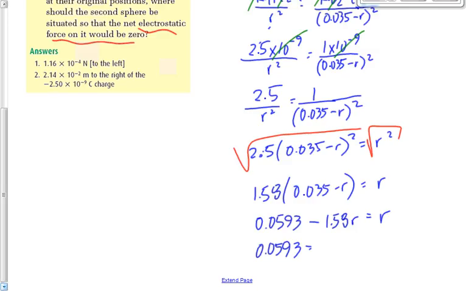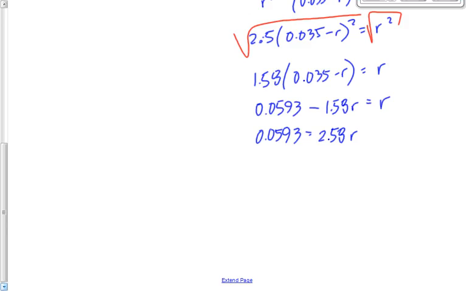Tasia, what do you got for that? 1R plus 1.58R. Good. 2.58R. And then divide, right? What do you get? I think it's like 0.21 or something like that. 0.21. Okay. 0.214 meters. Beautiful.